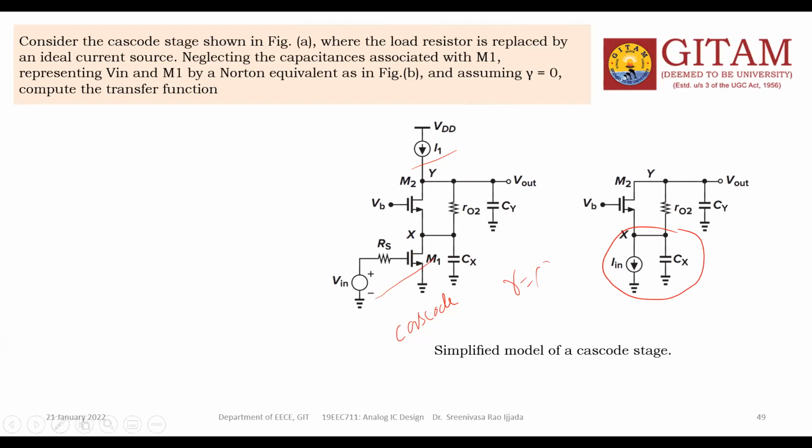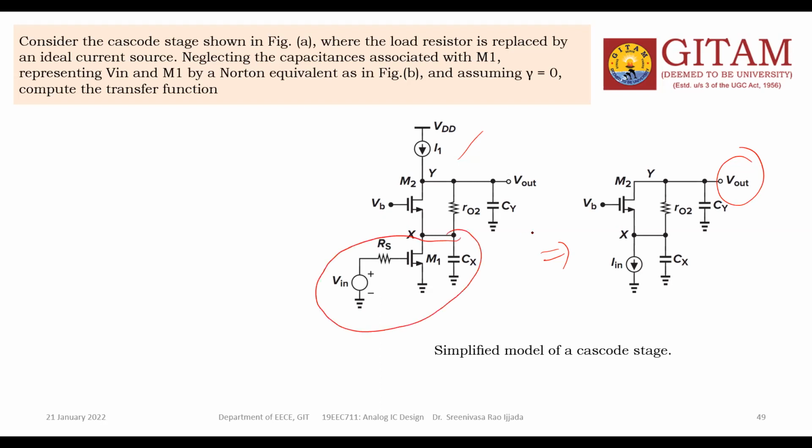In this cascode circuit, the equivalent circuit is this: M2 is as it is, the current source is open, and across M2 there is R02 and CY. This is the output, and the entire part here is replaced with the Norton equivalent circuit. A current source in parallel with an impedance is called the Norton equivalent circuit.